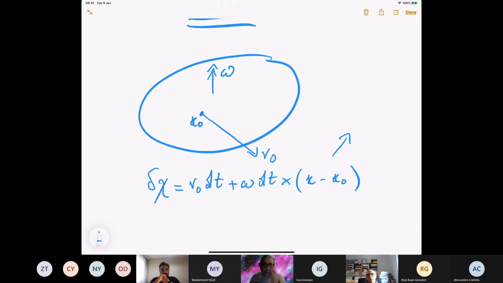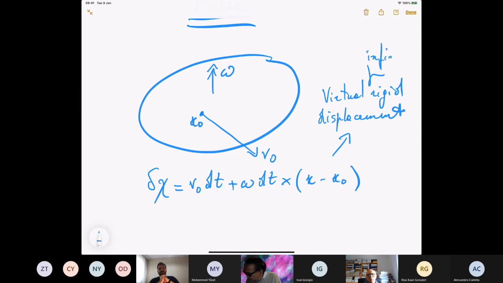We started our course with this and we will end with this. This is the virtual rigid displacement, virtual, so infinitesimal virtual displacement formula.